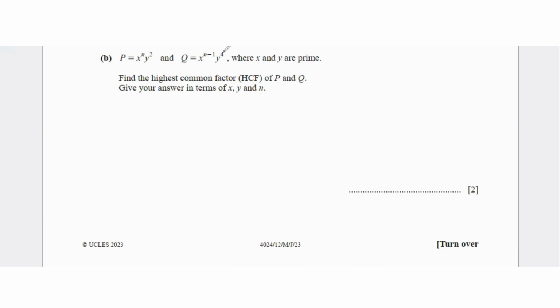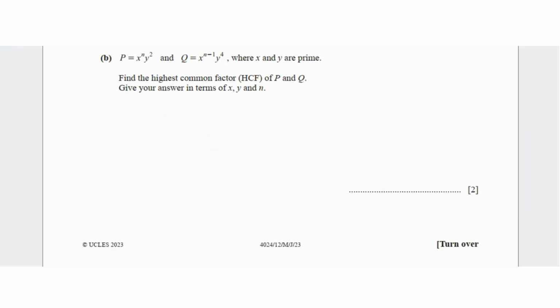So we know that x to the power of n minus 1 is smaller than x to the power of n. So that's common over here. And if we compare y squared and y to the power of 4, obviously y to the power of 2 is smaller. So these are the highest common factors between P and Q.